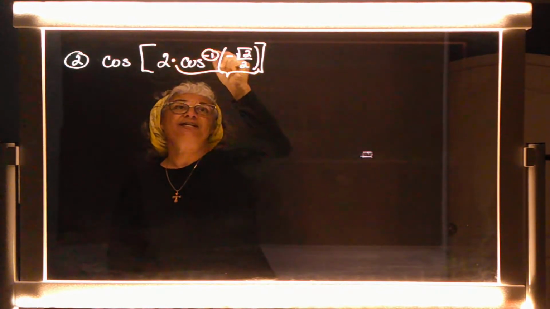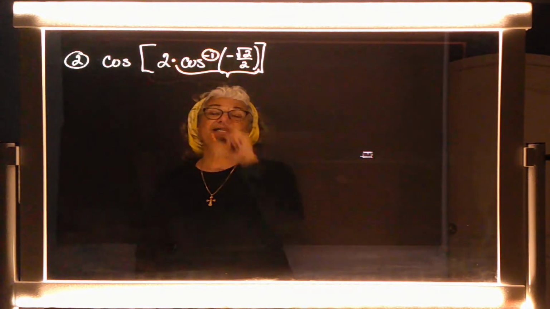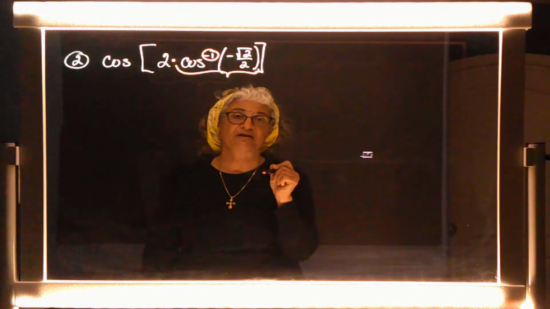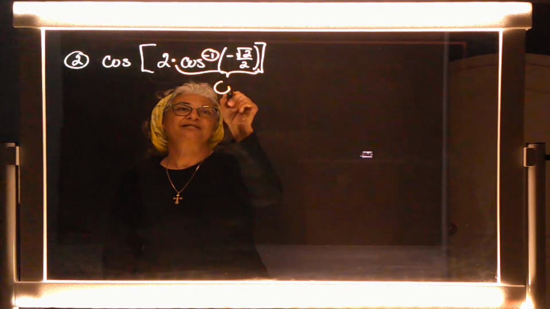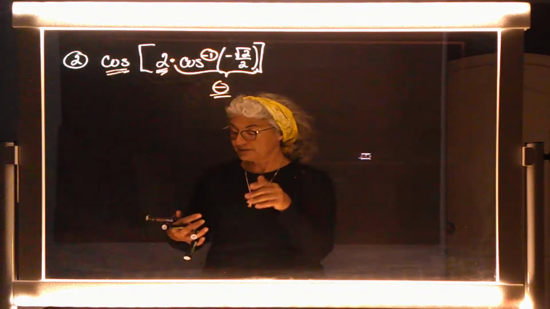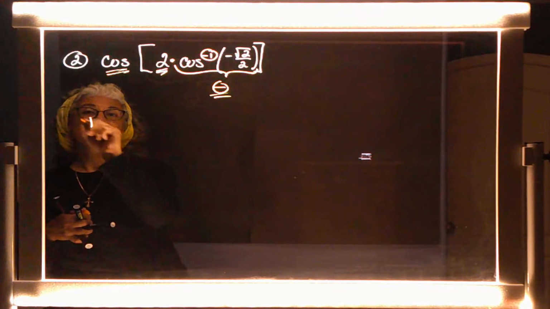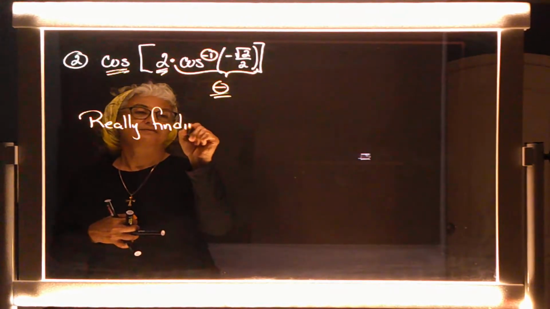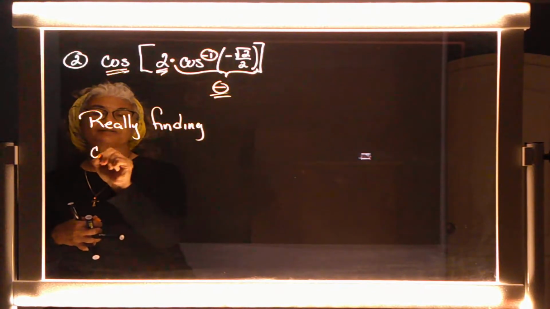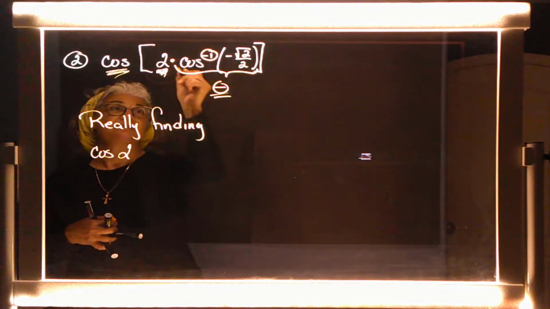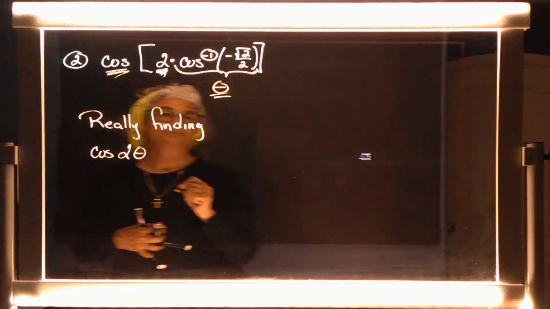Since there's a negative 1 there, that tells me this is the inverse, which tells me these numbers here are the answers, which means this is actually theta, isn't it? So we're really being asked to find the cosine of 2 times theta, right?